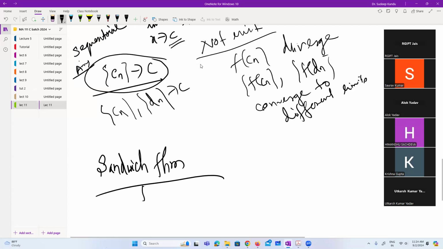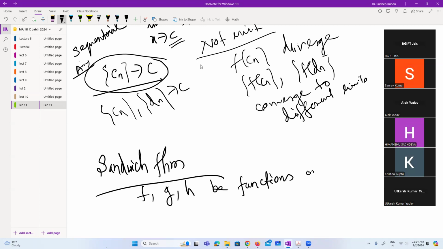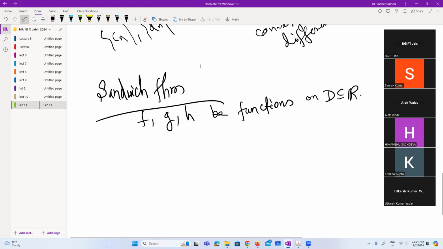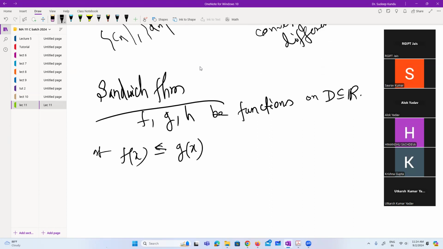I will write: suppose f, g, h, where D is some domain, a subset of R. So what will be the condition? f of x less than or equal to g of x less than or equal to h of x, for all x belonging to D minus c.